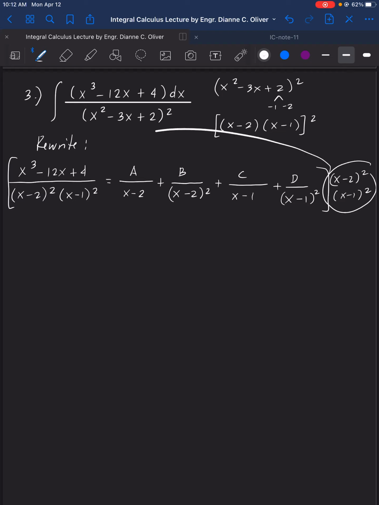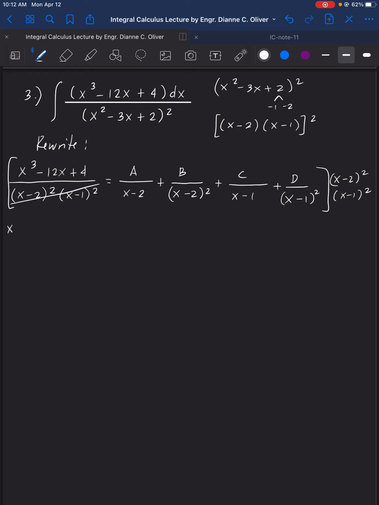Multiplying this to the left side of the equation, it will cancel the denominator out. So what's left will be x raised to 3. Okay, so I think I need to save some space.